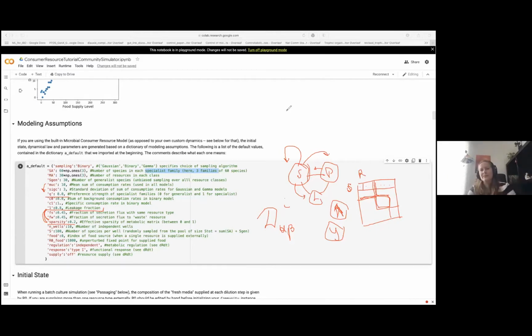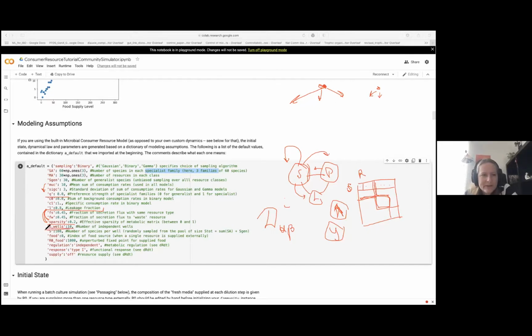Because you can imagine that you can't really convert one metabolite to all other metabolites, right? You probably can have several byproducts that arise from one metabolite, several byproducts that arise from another metabolite. So this sparsity tries to take into account that not everything can be converted into everything. So in order to maintain a realistic scenario, you probably want to keep the sparsity of this metabolic matrix low.